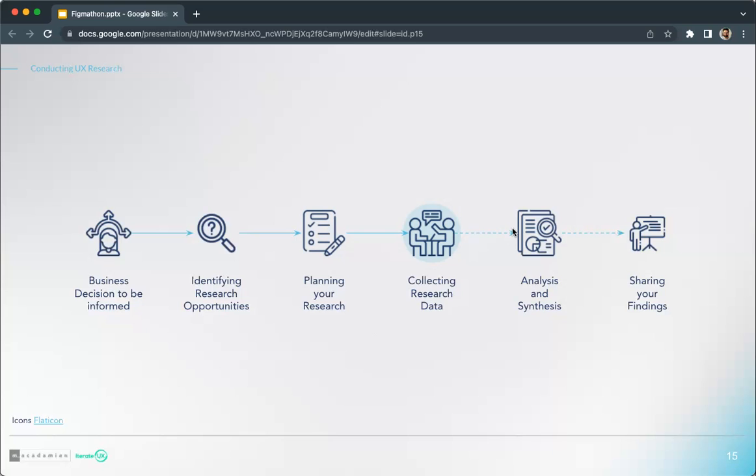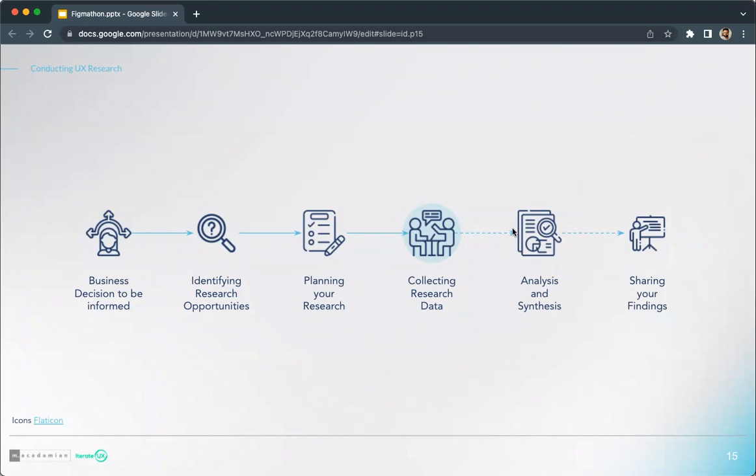Survey responses, if it's a survey. It could be screen recordings if you're asking users to perform different tasks, and so on. So depending on the method you have picked, you will have a certain set of data in a certain format, and it could be qualitative data or quantitative data or a mix of both.